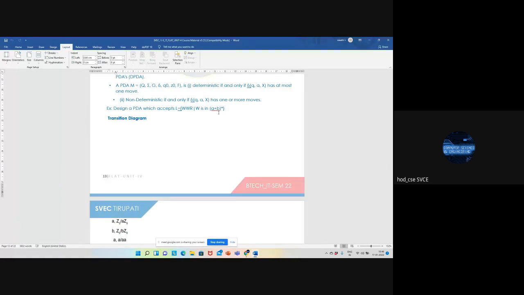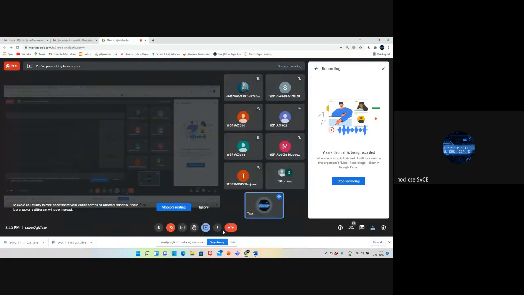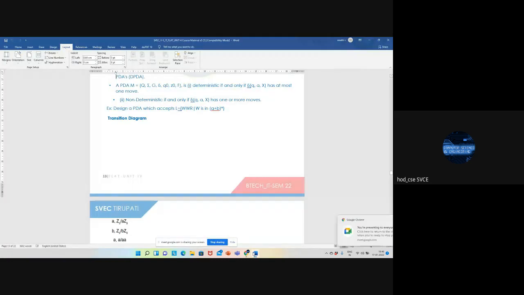Whenever we are given a string, the reverse of the string should also be present. (A plus B) whole star, so we may take nothing also, or we can take only A, or only B, or a combination of A's and B's.